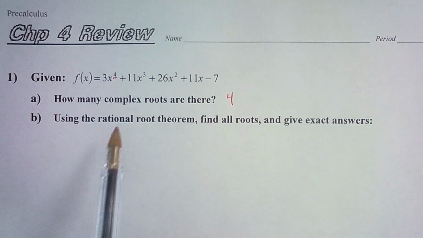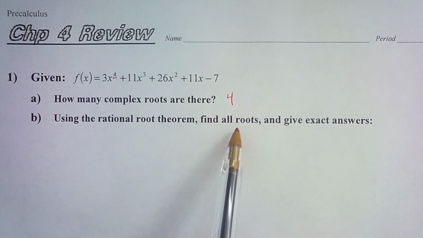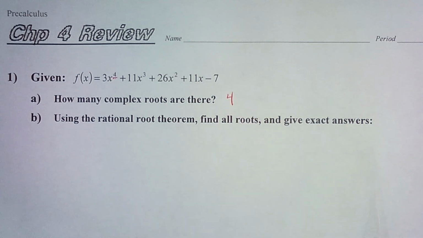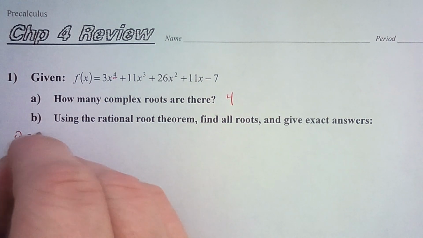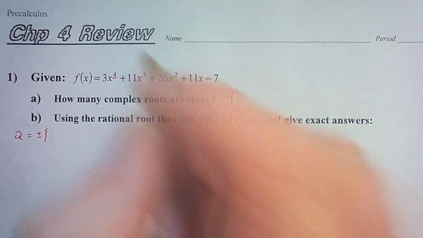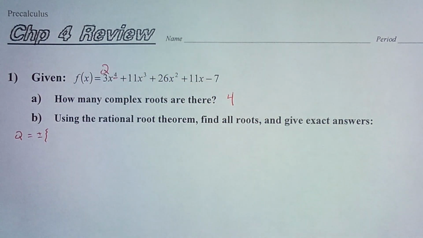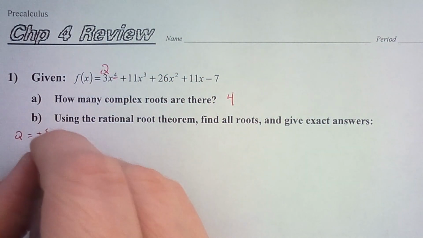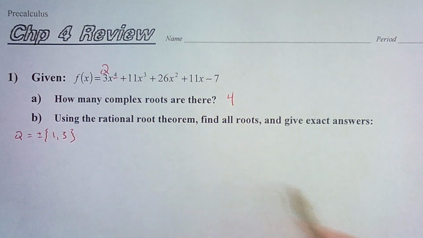Okay, so now using the rational root theorem, we will find all of the 4 roots and give them in exact answers. So first, let's find all of the q's. Q is plus or minus the set that includes all the factors of 3, and those factors are 1 and 3.